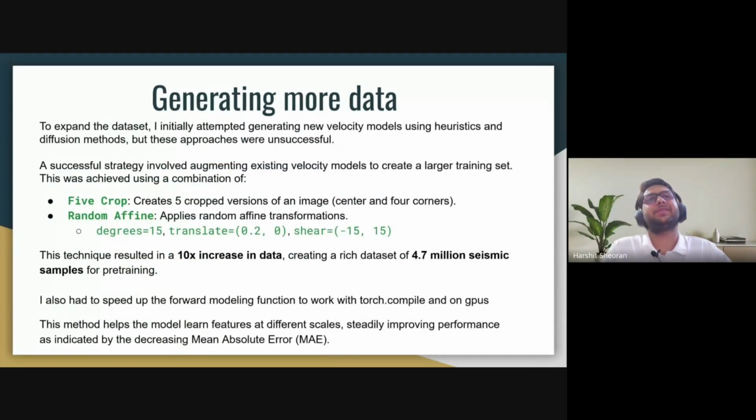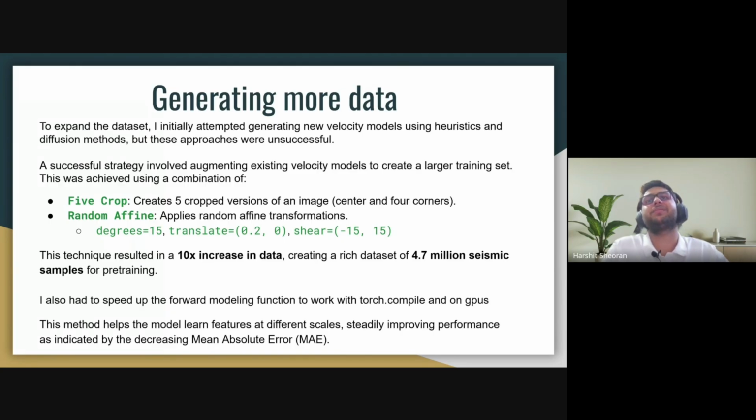Generating more data is something that a lot of solutions have done, and it is really helpful. The challenge was to first find a forward modeling function that replicates the original dataset, and then make it a lot faster to be able to do it really fast. I tried generating more velocity models through heuristics, but they were not successful.